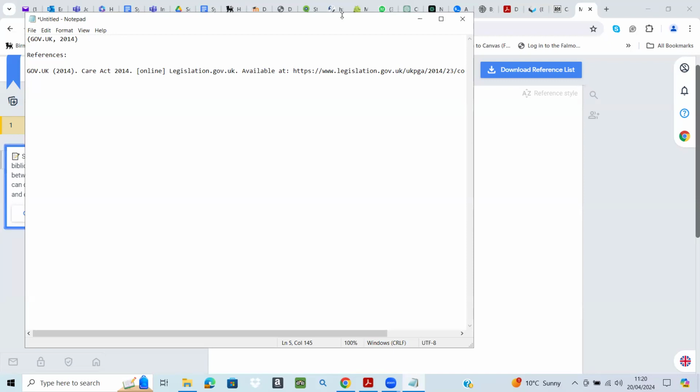So make sure we rewrite the content in our own words. We can use the resources available on Moodle. We can use books, journals, articles, slides, everything, but make sure that we give the in-text citation and reference.